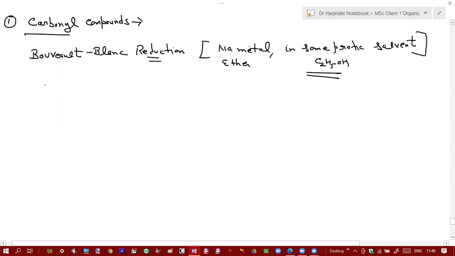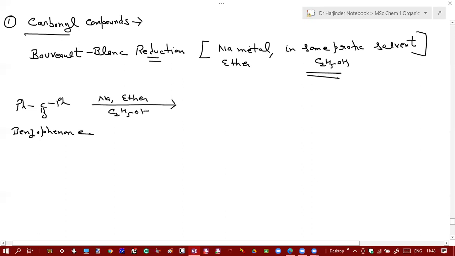Suppose you have benzophenone, and you perform its reduction by sodium in ether and ethanol. This carbonyl group will get reduced to alcohol and you will get this product, which is called benzhydrol.